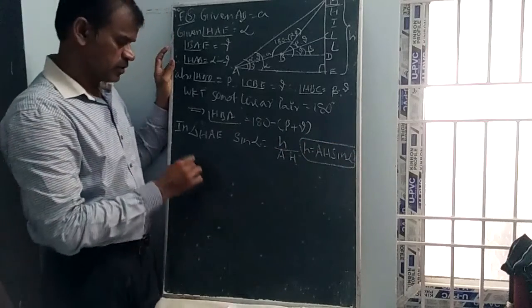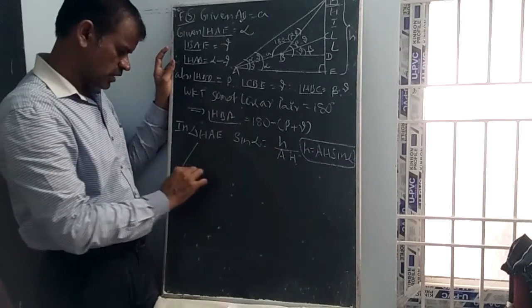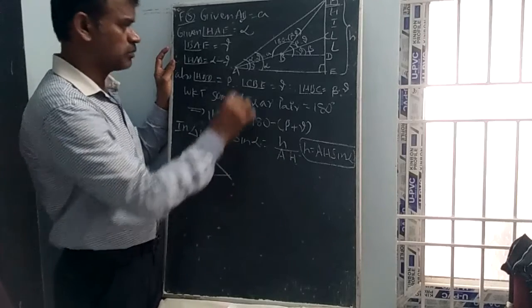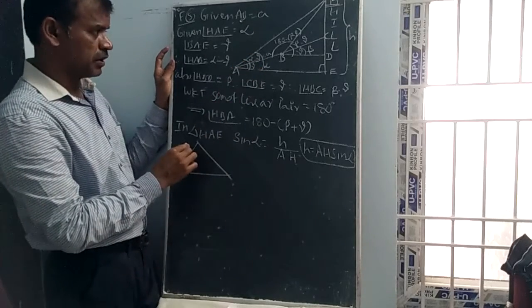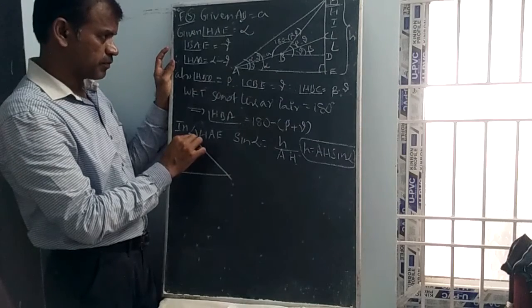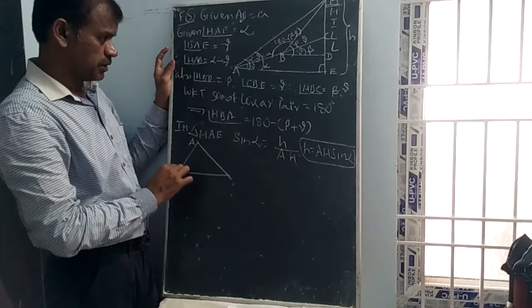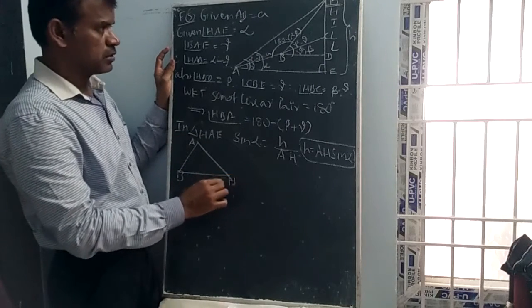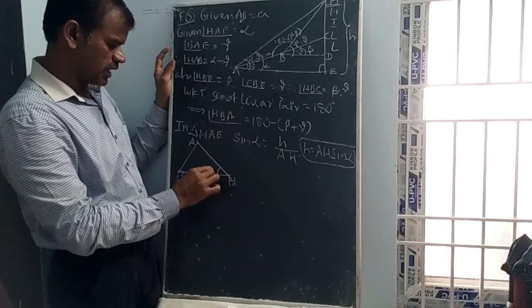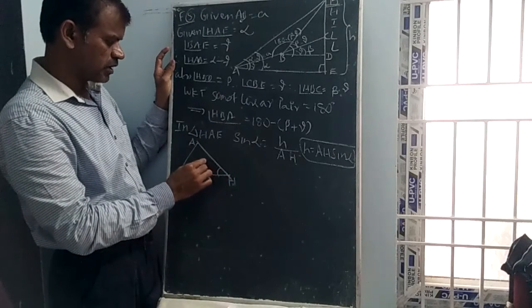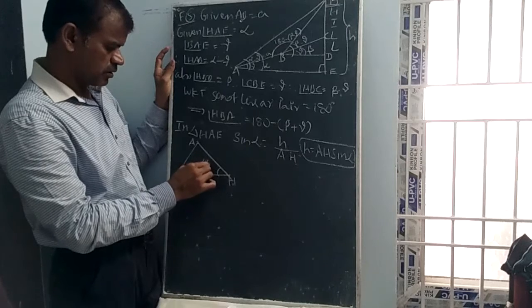Put a box here. Now let us draw the small diagram. This one, ABH, I am drawing. This is A. This is B. This is H. At B, you write the angle 180 minus of beta minus gamma.